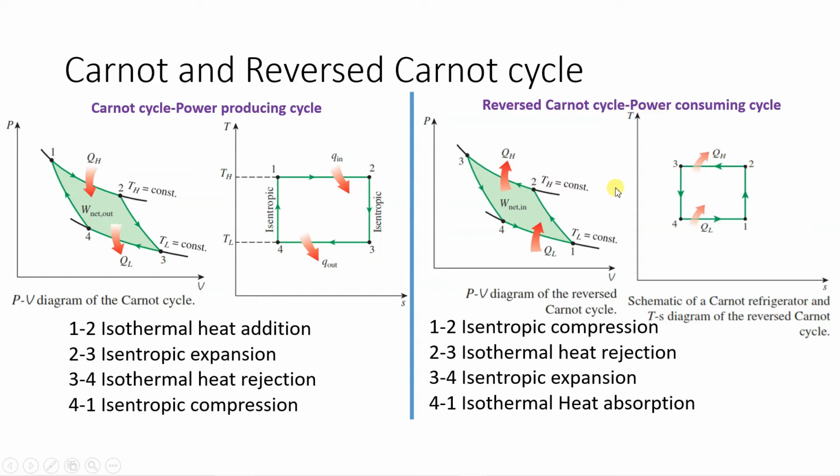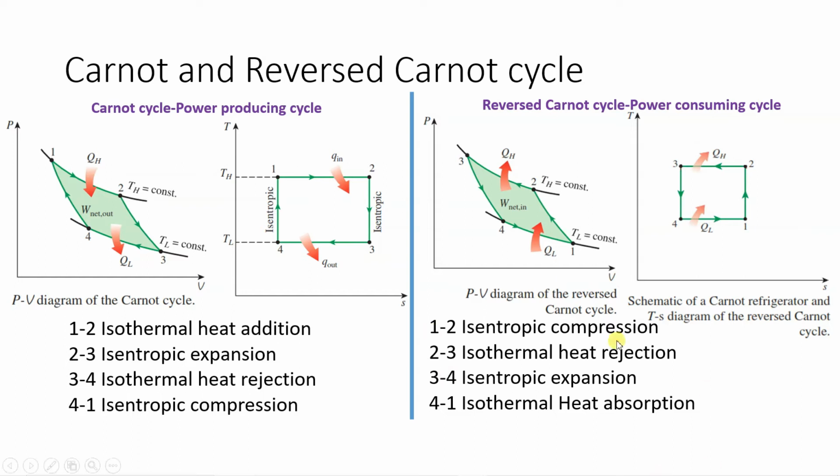You should note that on PV diagram, or on TS diagram as well, if arrows are in clockwise direction, the cycle is power producing. And on the right side, on PV and TS diagram, arrows are in anti-clockwise direction. So whenever you find arrows in anti-clockwise direction, it is a power consuming cycle.